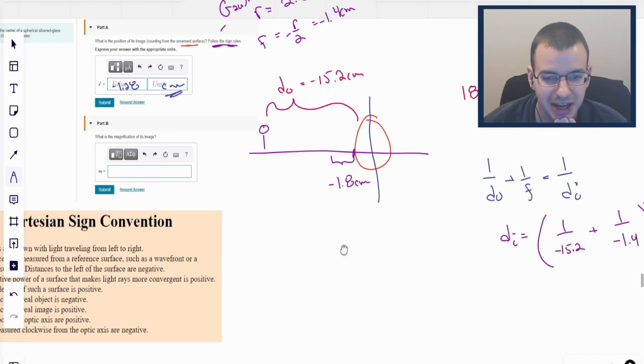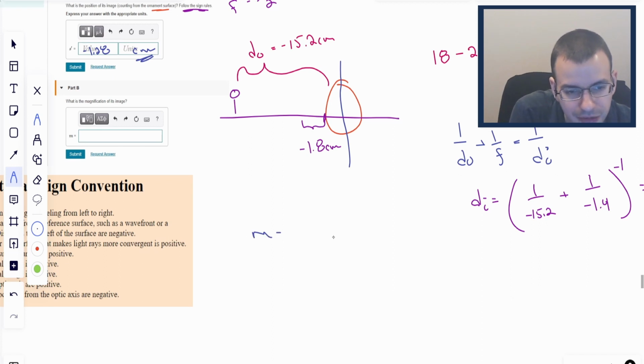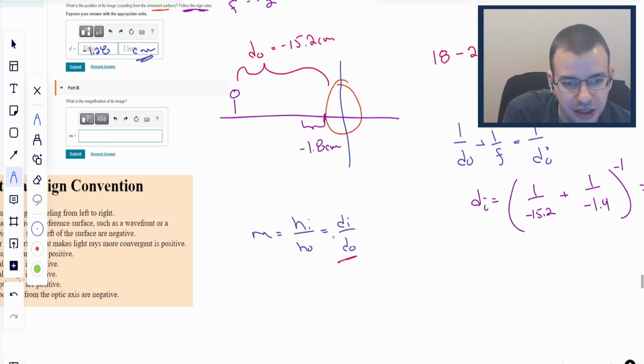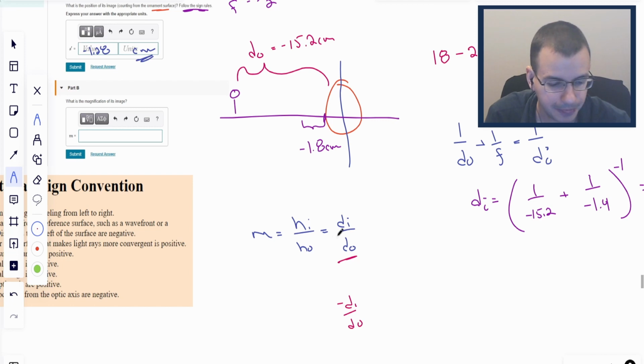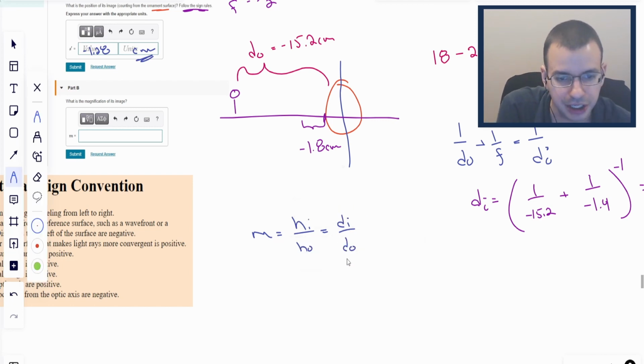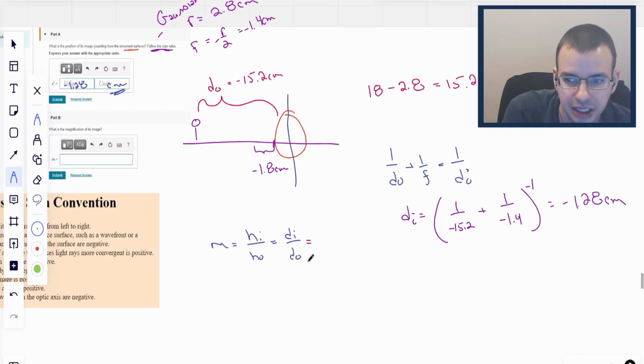All right, what is the magnification of the object? Magnification, the formula for magnification is height image over height object, which equals distance image over distance object. So this is specifically the Cartesian formulation of this. For the Gaussian, it's negative distance image over distance object. So I'm going to put in our numbers here. Distance image is going to be negative 1.28.